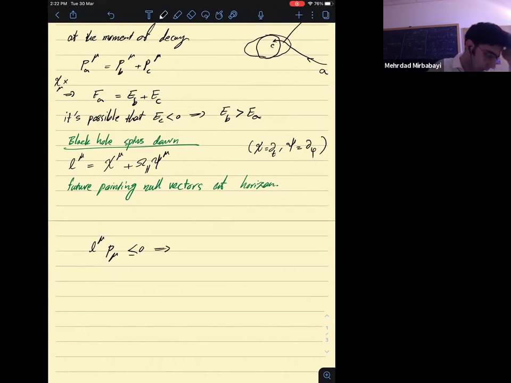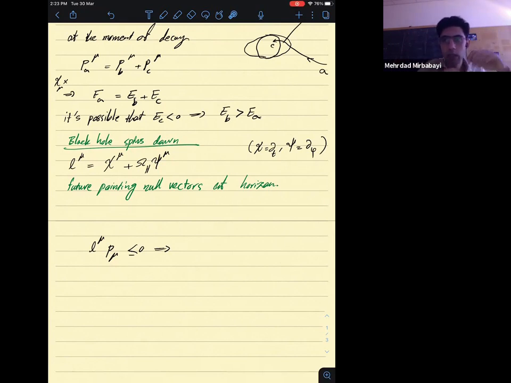Which means that, now let us use the definition of L mu is equal to chi mu times P mu, which we call energy, minus the energy measured at infinity. Then there will be omega h times psi mu times P mu. That would be the angular momentum of the particle measured at infinity.